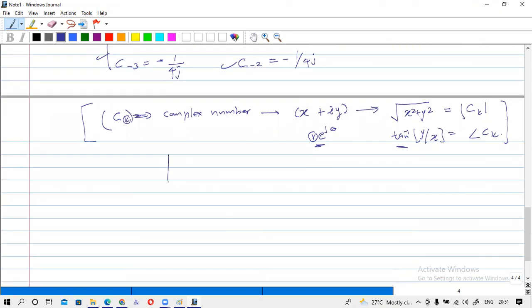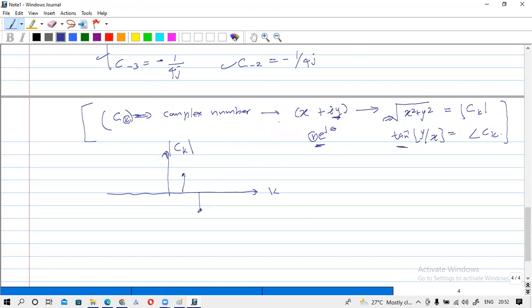If you plot those magnitudes with respect to k, that is the magnitude of ck with respect to k, you will have this kind of value. Magnitude will be a real value anyway. Sometimes the imaginary part can be 0, and then you will have a total real number x, so the magnitude of x will be x.